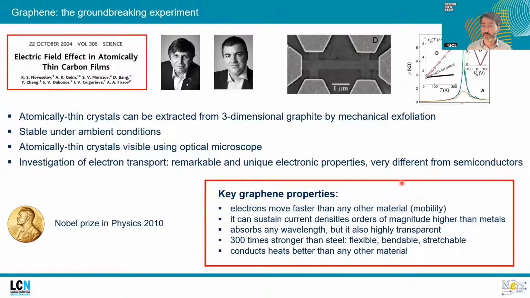So there are a number of properties that are associated with this material. And indeed, since the groundbreaking experiment, there have been almost 20 years of very intensive research. And every time there is something very new and very interesting coming up.